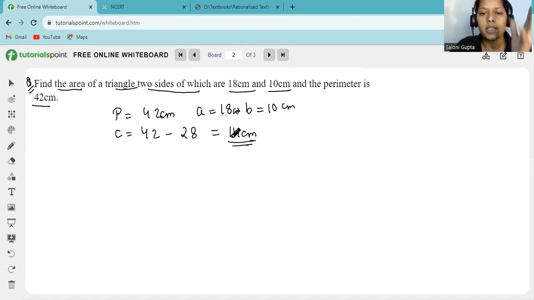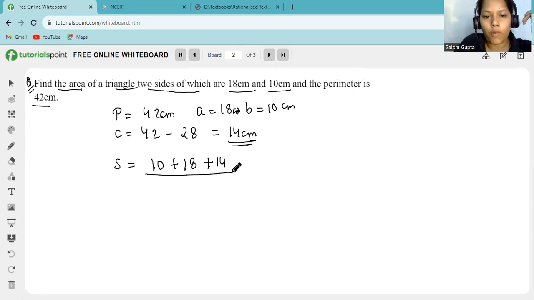Now we have all the sides a, b, and c, and I have to find the semi perimeter, or half perimeter. So this will be 18 plus 10 plus 14, that is 28 plus 14, which is 42 only, divided by 2, so this gives 21 centimeter.